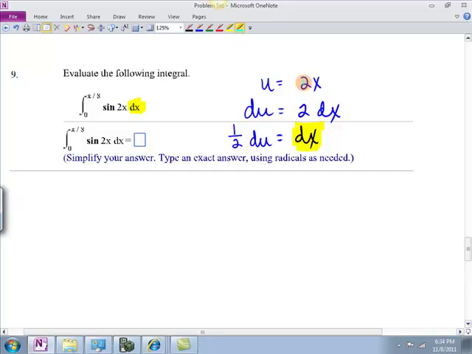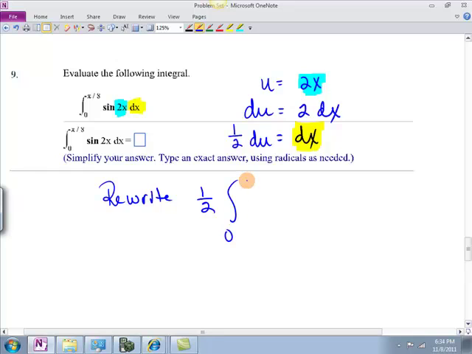So what I've done is I've substituted. And so now I've got u is equal to 2x, and 1/2 du is going to be dx. So I can rewrite the problem then. I've got the 1/2, which can go outside the integral. It just gets pulled through.